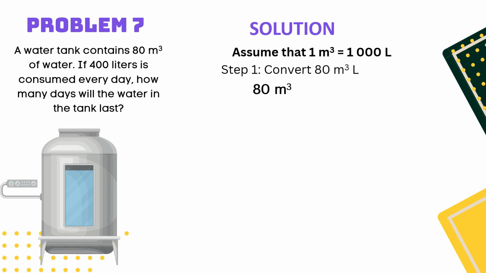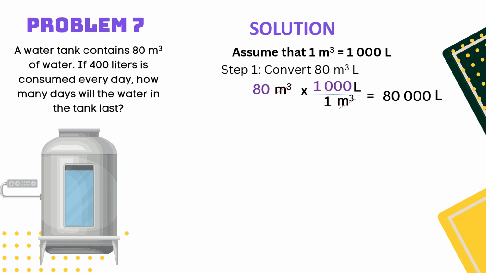Alright, so 80 cubic meters times 1 cubic meter is equal to 1,000 liters. Okay, we put cubic meter below so that we can cancel cubic meter. Then let's multiply. 80 times 1,000 is equal to 80,000.